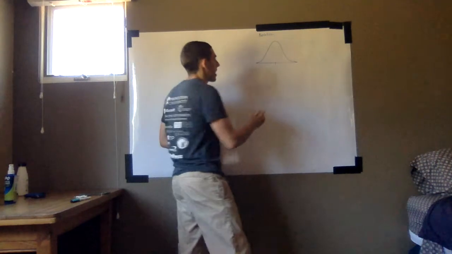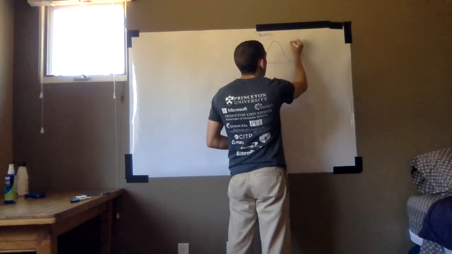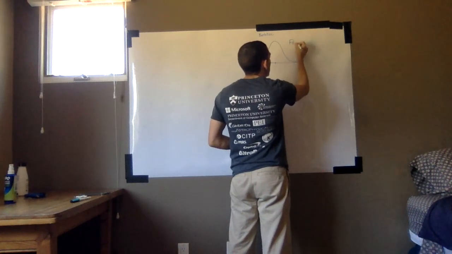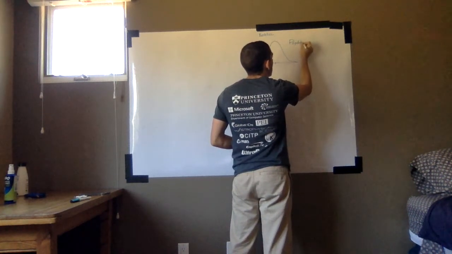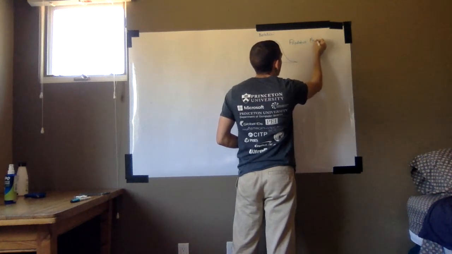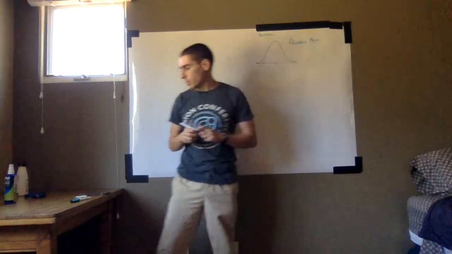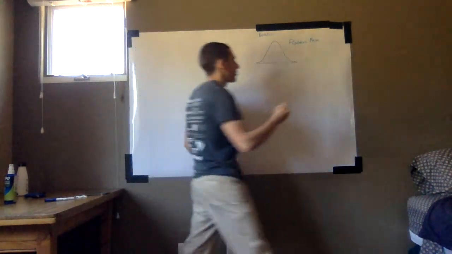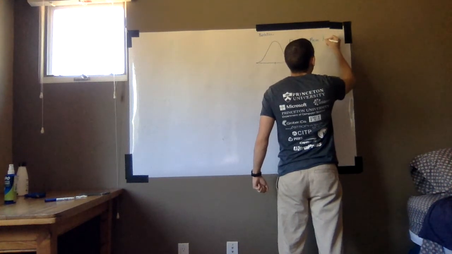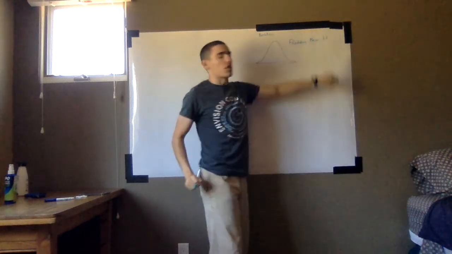So in this case, if we have a population, the population mean, which is usually represented with the Greek letter mu. This mu is the true mean.